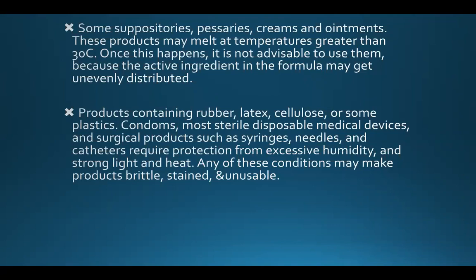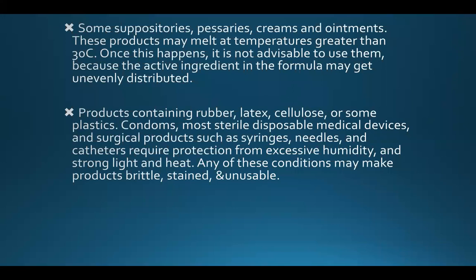Products containing rubber, latex, cellulose, or some plastics, such as condoms, sterile disposable medical devices, and surgical products such as syringes, needles, and catheters require protection from excessive humidity, strong light, and heat. Any of these conditions may make products brittle, stained, and unusable.